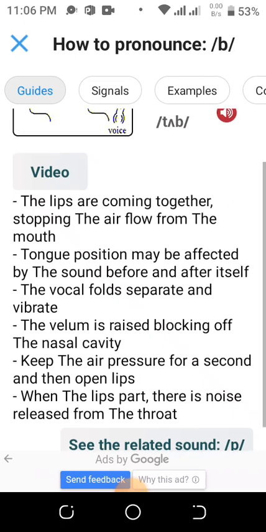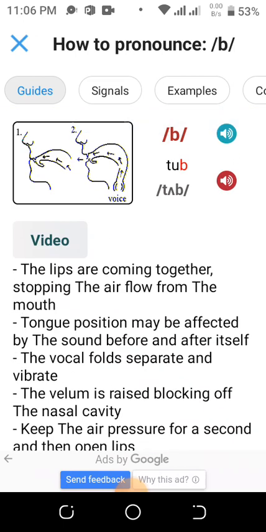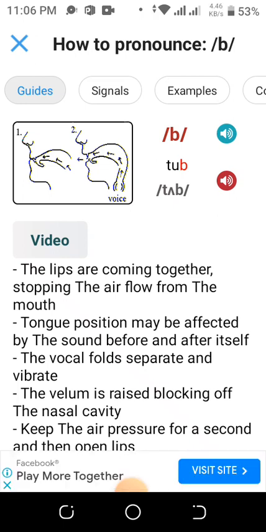Let's see how this B sound is pronounced. So here the word is tub. Tub, tub.